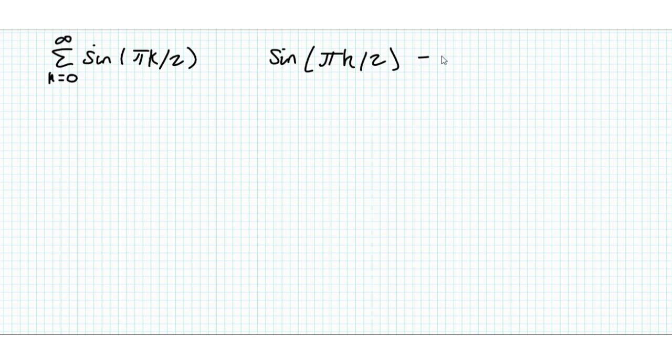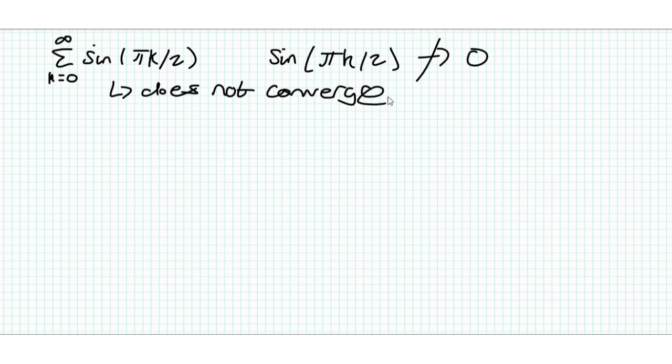So an example of how we could use this would be for the infinite sum from k equals 0 to infinity of sine(πk/2), and sine(πk/2) does not tend to 0, and therefore this does not converge. Okay, so that's how we can use the test.